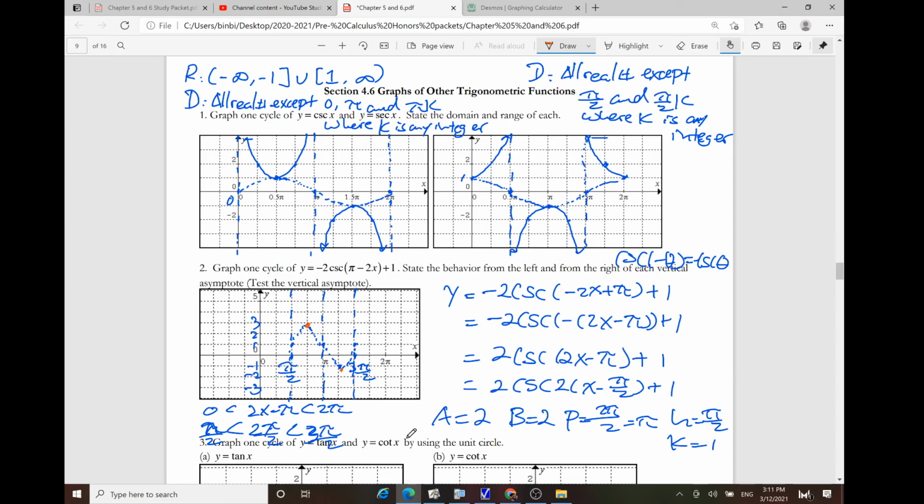We do know that the value of a is 2. So that means the scale factor here is 2 units, all the way up to 5. Right here.